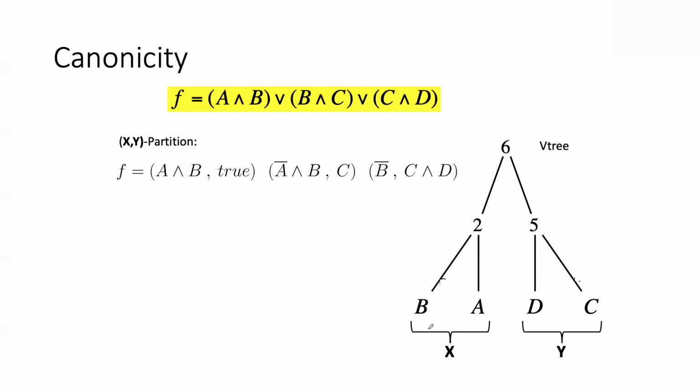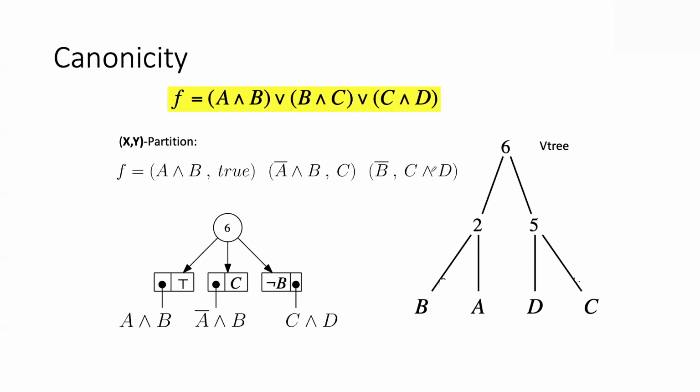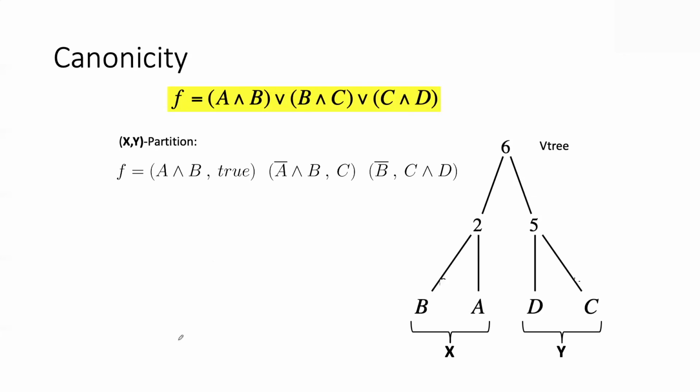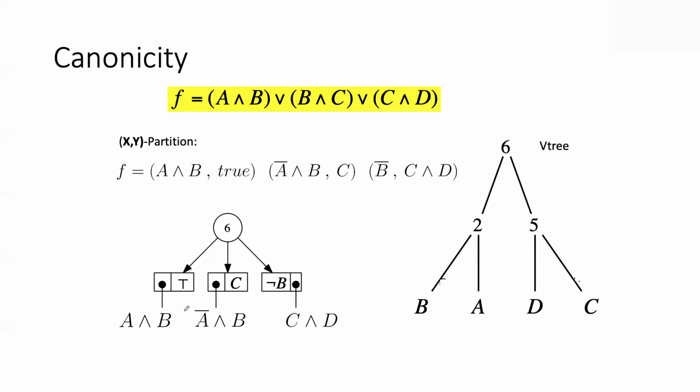Now, we've seen that already on the previous slide for this example, and here's how it looks. I have 3 elements, 3 primes, and 3 subs. Okay, so what does that mean? That means I already know how to draw my first decision node for the SDD, right? All this is doing is basically representing that particular guy. Now, what I need to do at this particular point is to take these guys and similarly represent them as SDDs.